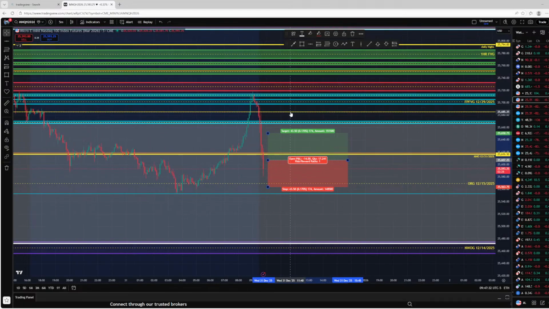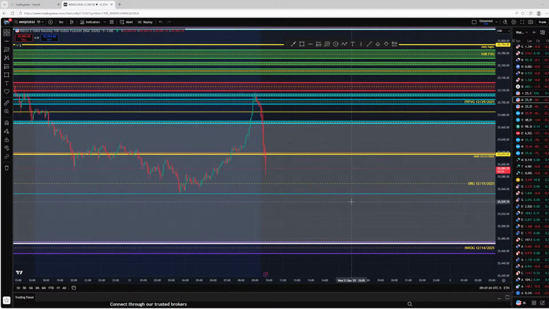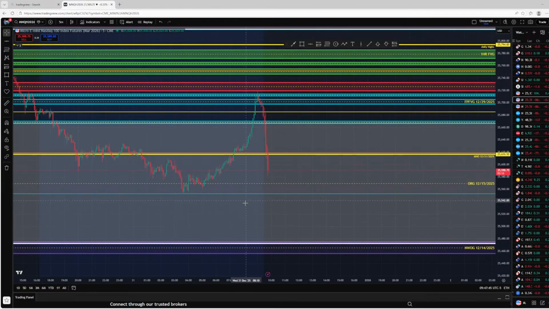And if we're already looking at our chart and asking where could price go if we want to keep going lower, well, we have this new week opening gap right down here, which is also the bottom of this opening range gap. So we very well may want to go all the way down there first.